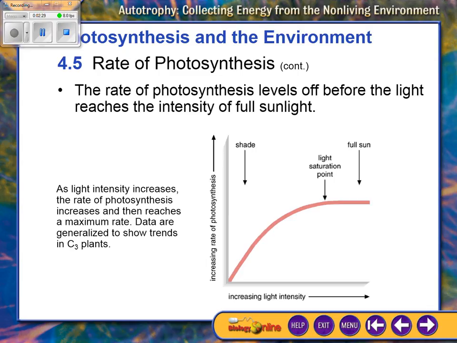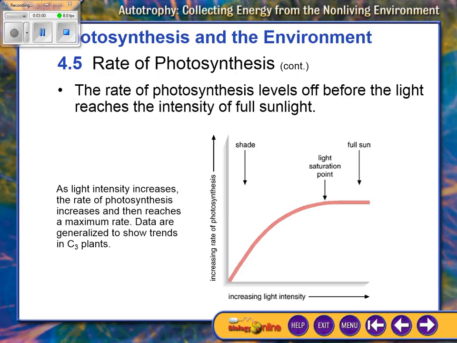You have increasing light intensity on the bottom and increasing rate of photosynthesis. So how are we going to measure that? This is important because we had a really cool lab. How can we measure if photosynthesis is occurring? What can we collect?